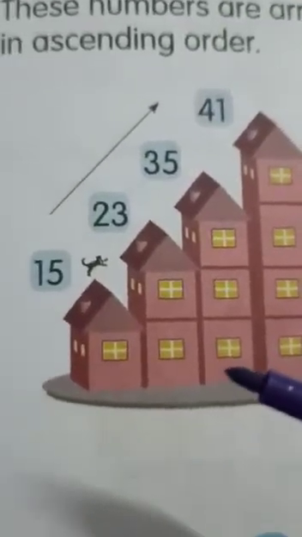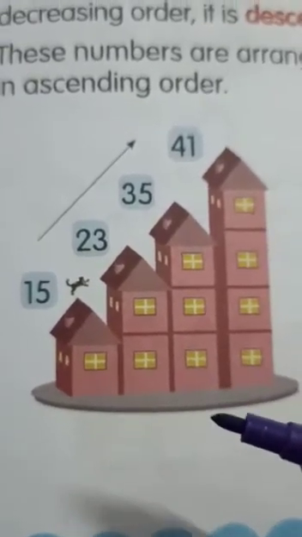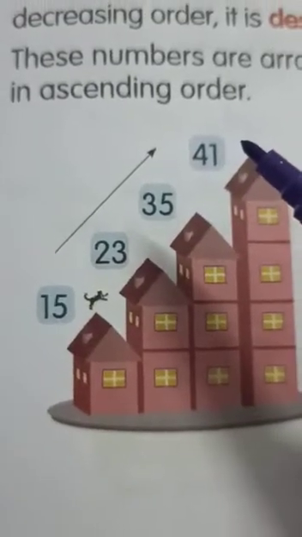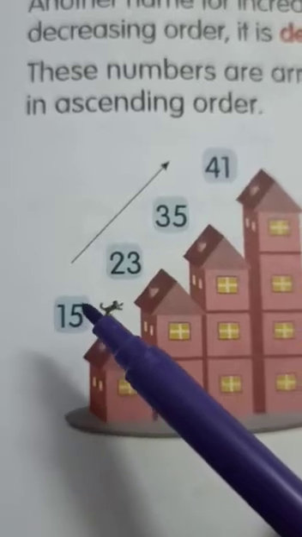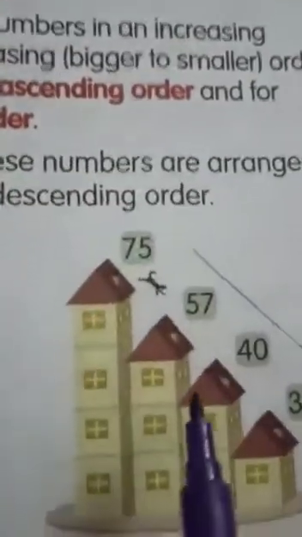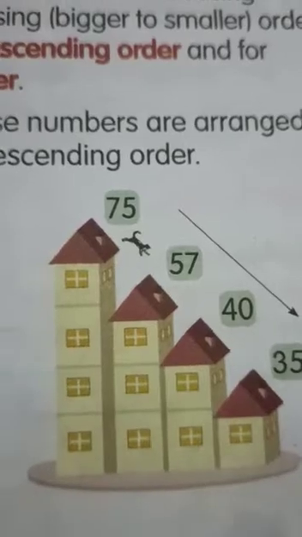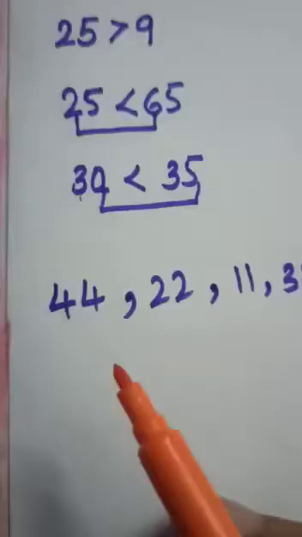Ascending and descending order. The numbers which are arranged from smaller to bigger are in ascending order. And the numbers which are arranged from bigger to smaller are in descending order.